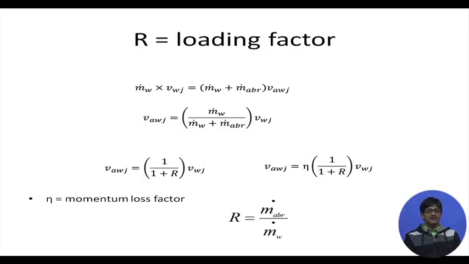Okay. Abrasive water jet velocity is equal to 1 by 1 plus r of initial water jet velocity, and there is also a particular term brought in to account for any momentum losses that might be occurring. Okay. So, ultimately we have this expression existing between abrasive water jet velocity and water jet velocity.